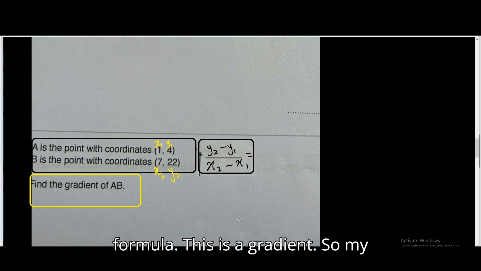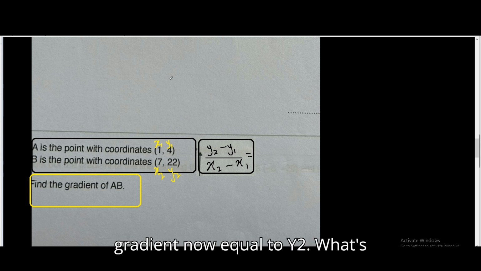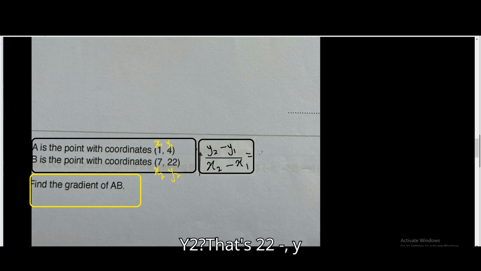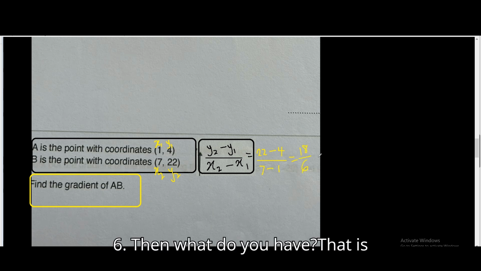My gradient now equals y2, which is 22, minus y1, which is 4, divided by x2, which is 7, minus 1, which is x1. So 22 minus 4 is simply 18, and 7 minus 1 is 6.